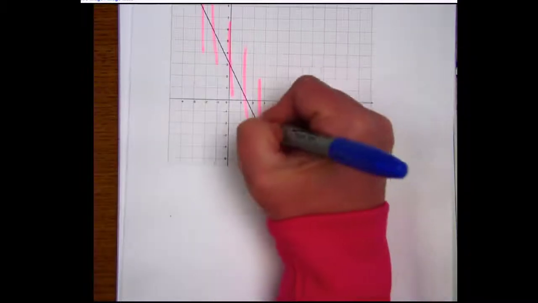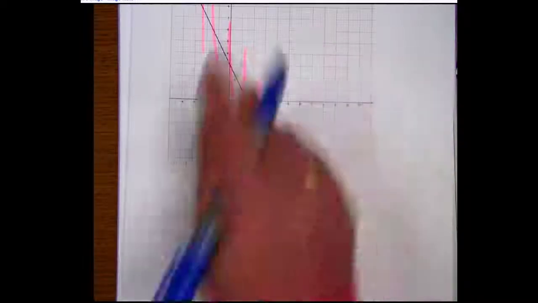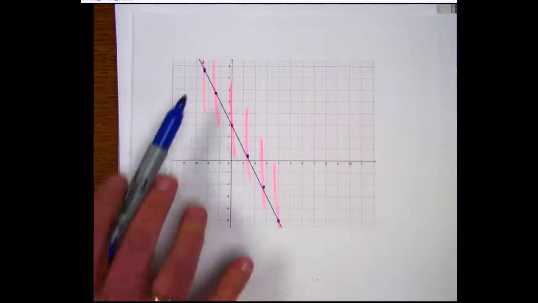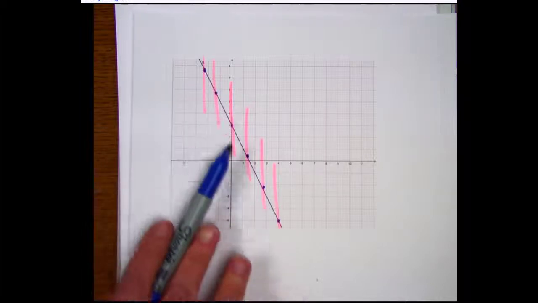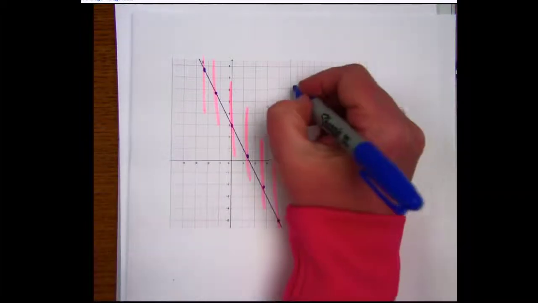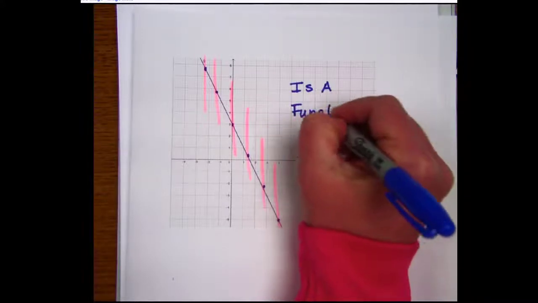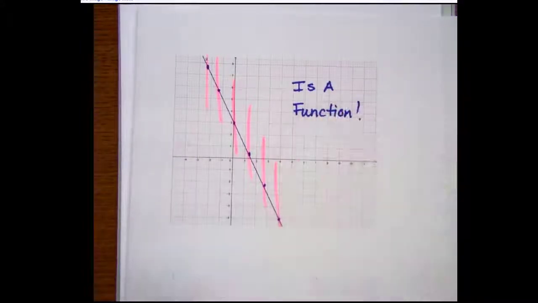Visualizing the entire graph, I can see that there would never exist a vertical line that goes through more than one point. So this is a function. You can see that every straight line will be a function. So that's your first clue there.